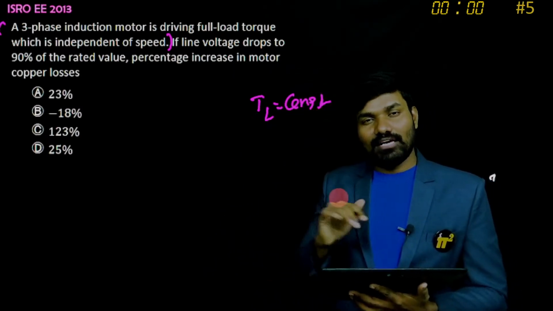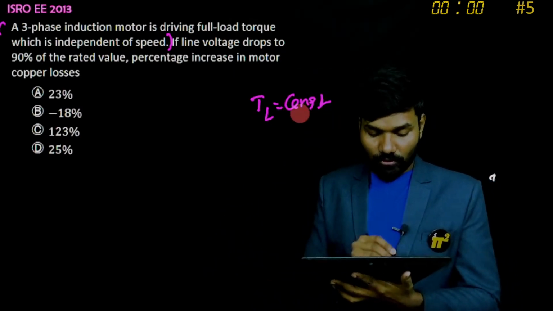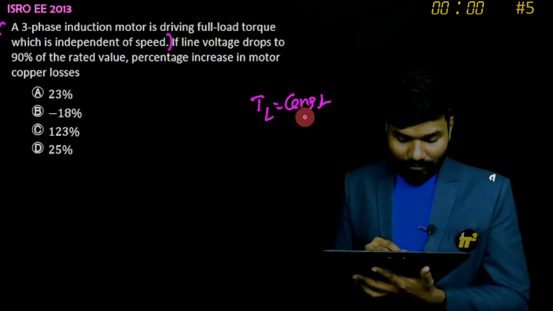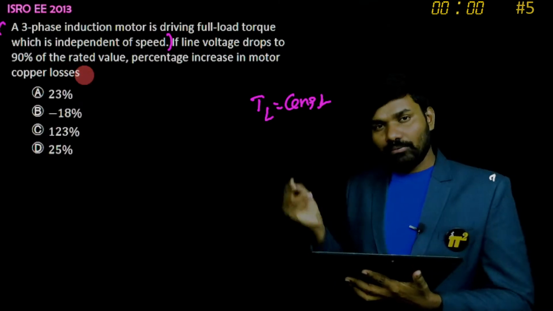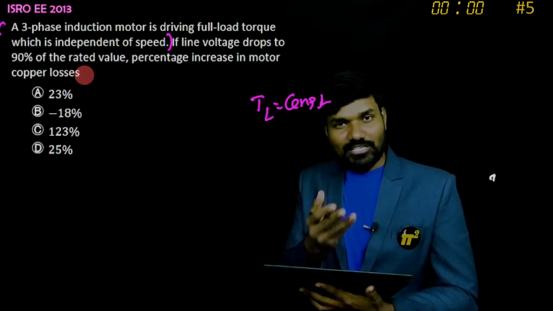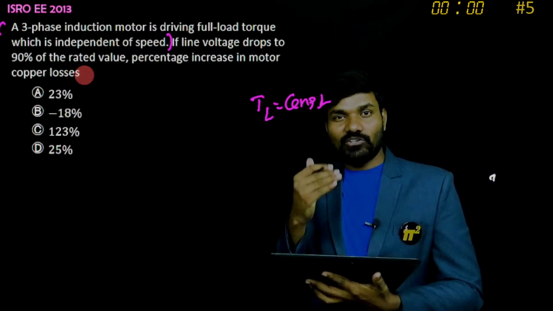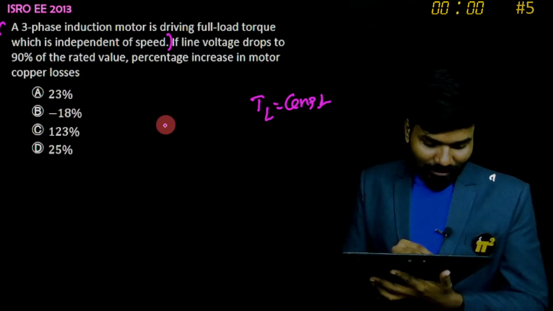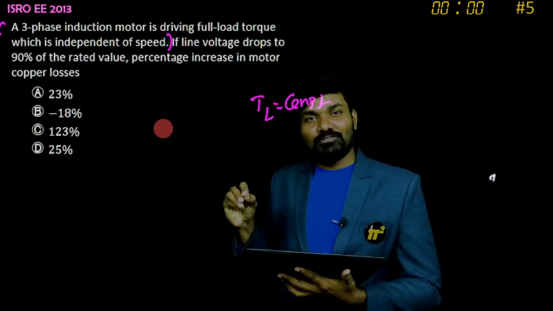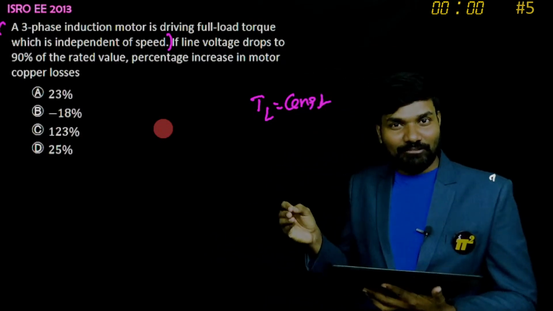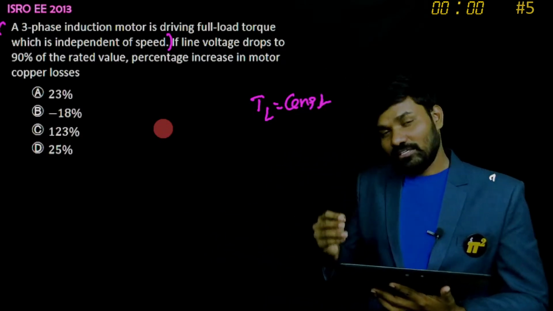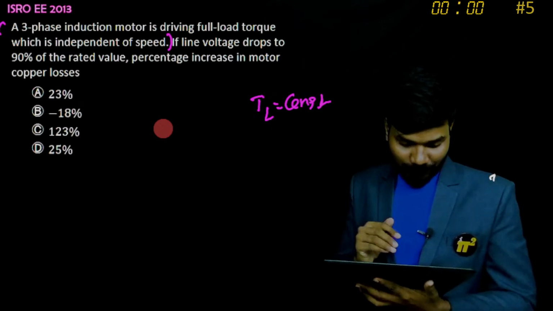At all speeds, you'll have the same load torque. Now, in that case, if voltage drops to 90%, from 100% to 90%, we have seen earlier the effect was that torque reduces to 81%, meaning reduced by 19%.